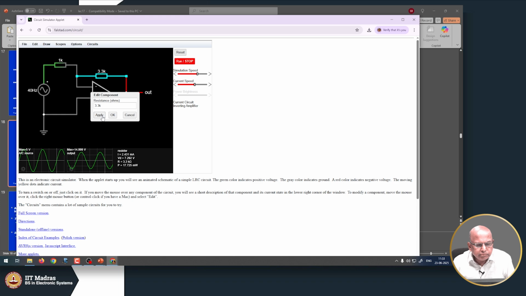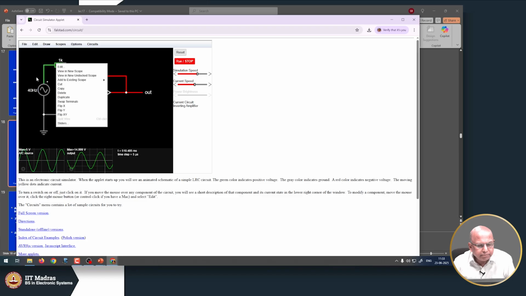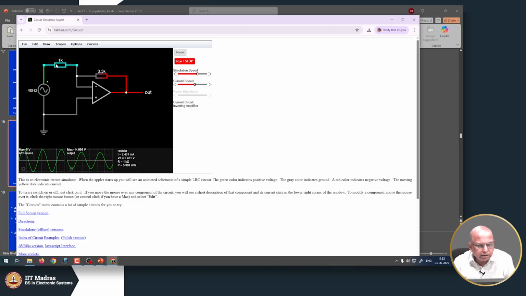It may become 3.3 K and maybe this becomes, double click here, so maybe it becomes 0.9 K. Okay. So, this is 900 ohms and 3.3 K ohms.